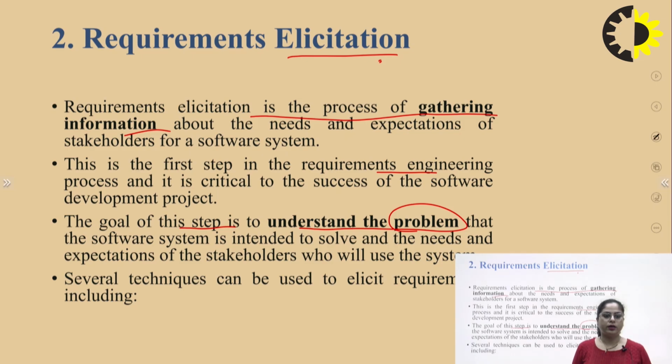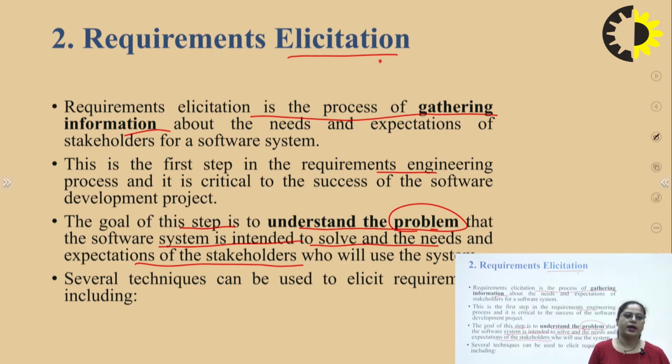Why are we gathering the various types of information here? To understand the problems that the software system is intended to solve, so that the software system we implement is the solution for those problems and meets the needs and expectations of the stakeholders who will use the system.